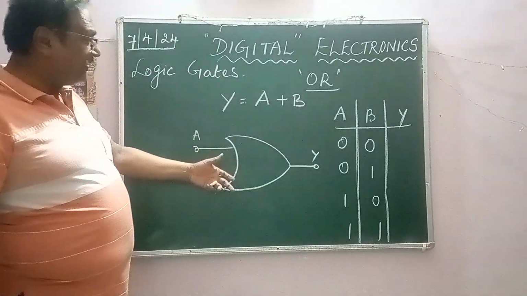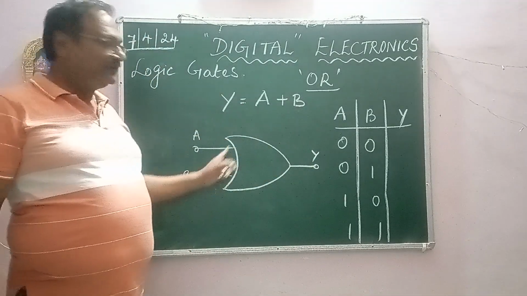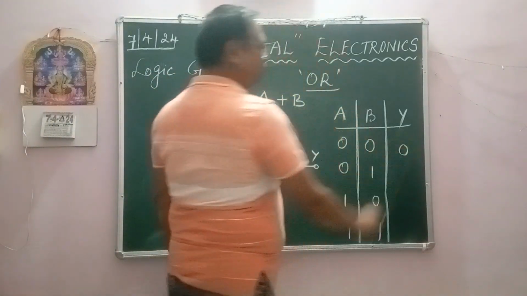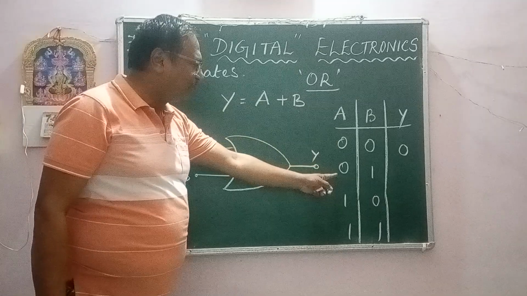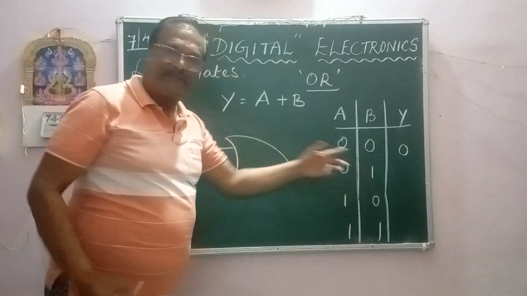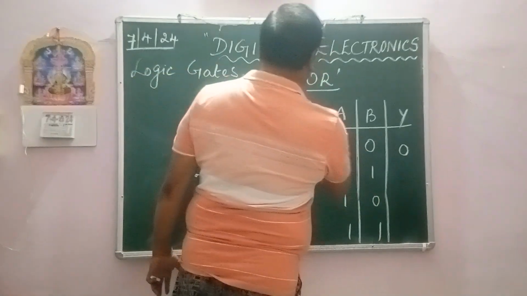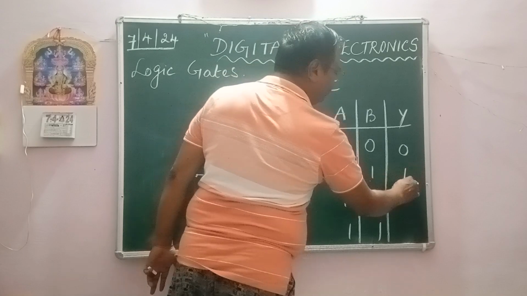In this gate, when 0, 0 is applied, that is low, so the output will be low, 0. Now A is low, B is high, but one of them is high, so the output will be high.